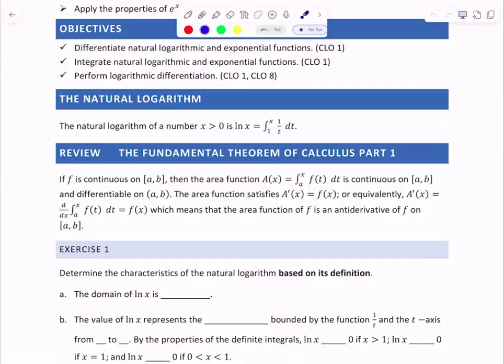I'm actually going to go over it carefully, right? This is the official definition of ln x. It is the definite integral of 1 over t from 1 to x. So, and this is the domain, right?